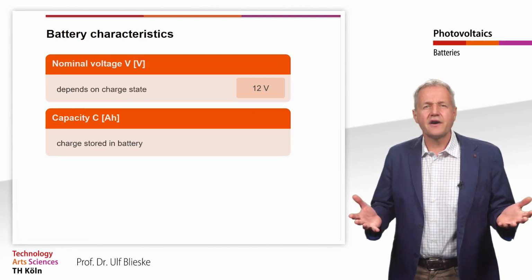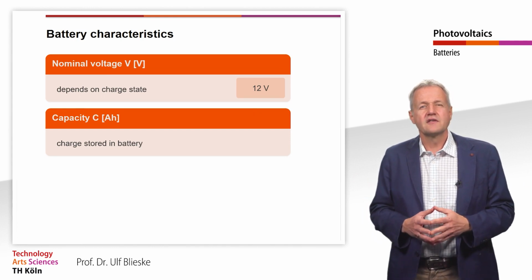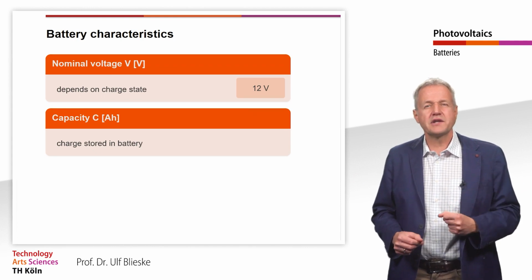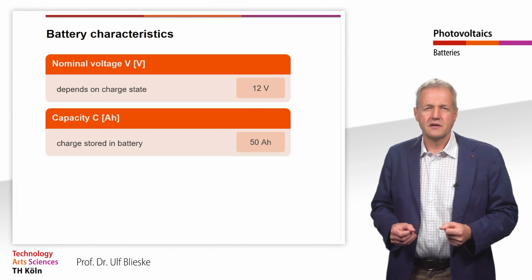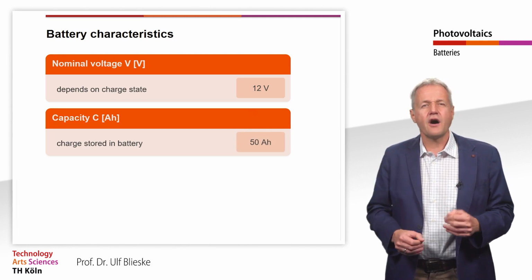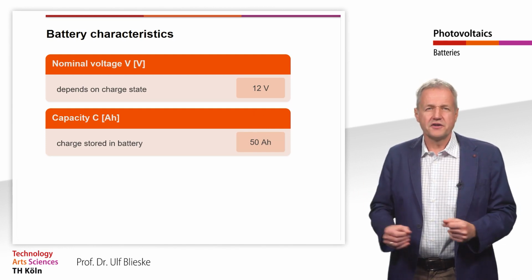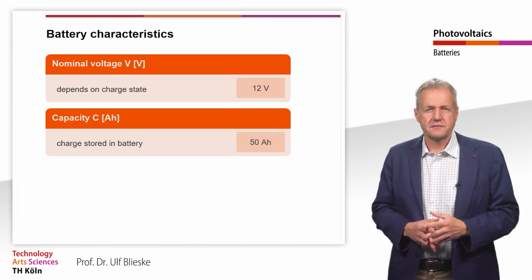In practice, however, it is helpful to specify the capacity in ampere hours, since from this it can be calculated directly how long the battery can supply a certain current. An example: a battery with 50 ampere hours can supply a current of 1 amp for 50 hours at nominal voltage, or 10 amps for 5 hours.